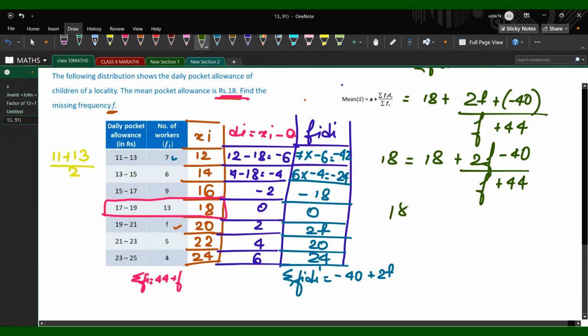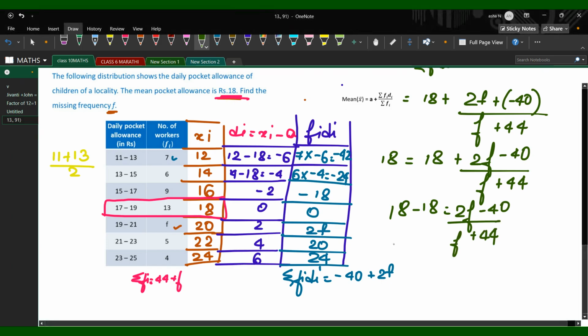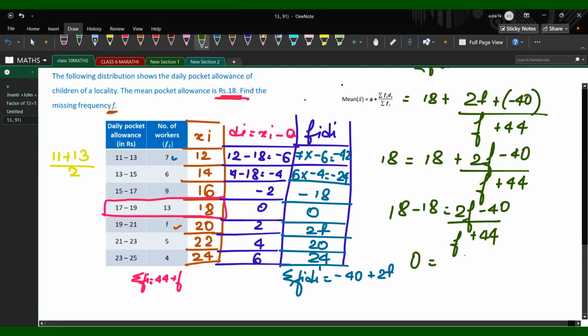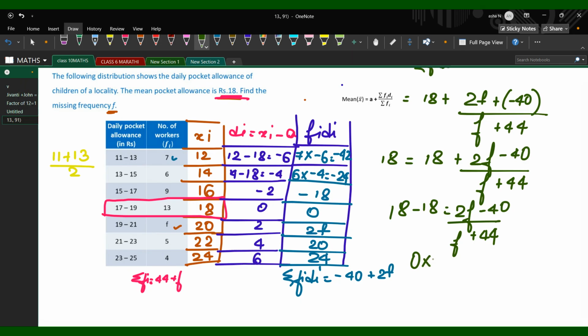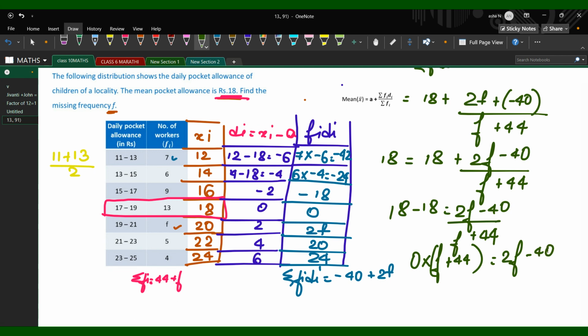Then we will bring the 18 to the other hand side. It will become 18 minus 18 equals (2f minus 40) upon (f plus 44), so 18 minus 18 is equal to 0. Now how to solve this one? We will bring this f plus 44 to the other hand side. It is on division, so it will go on multiplication here, which is equal to 2f minus 40.